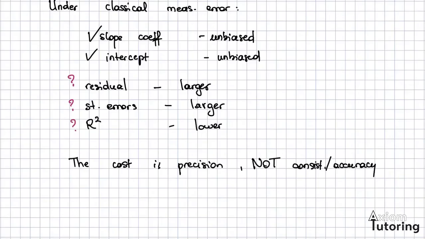Even though our dependent variable is imperfectly measured, even though every observation contains some noise, OLS still estimates the correct slope and coefficient on average. So the data is messier, the estimates are less precise, but they are not systematically wrong, okay? And this is why economists often proceed even when they know that Y is measured with error, provided the error is classical. So the slope is still trustworthy, it's just noisier than it would be with perfect data.